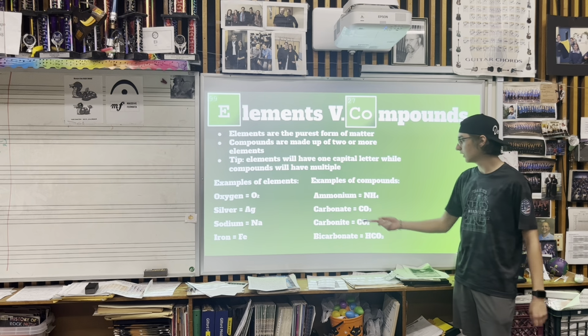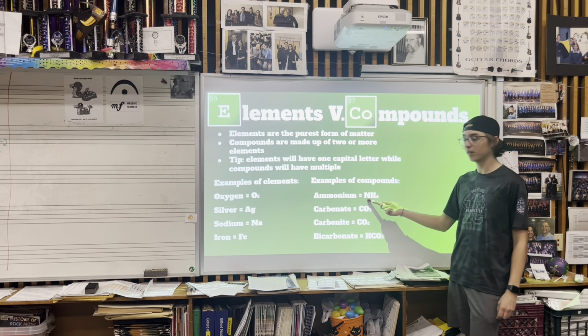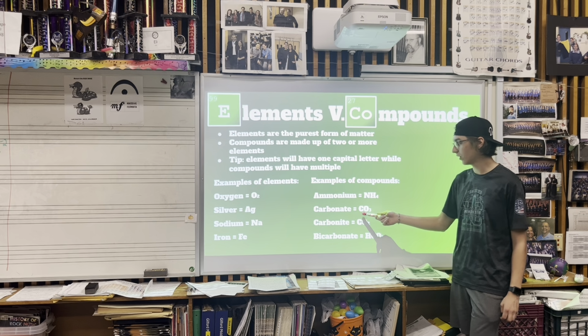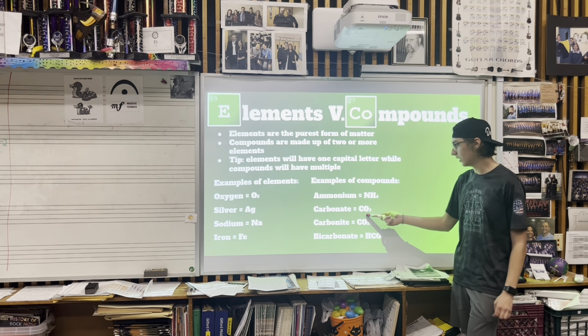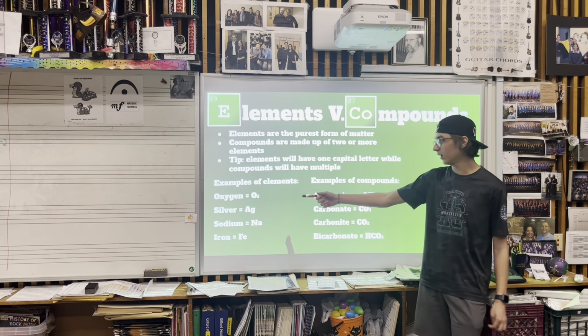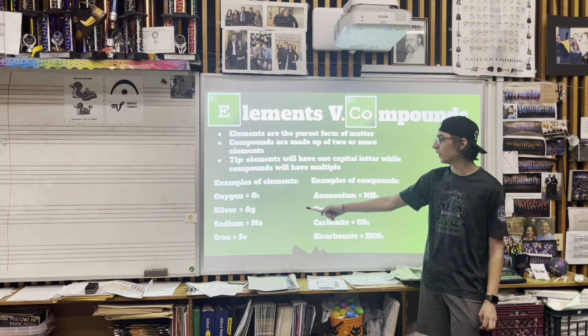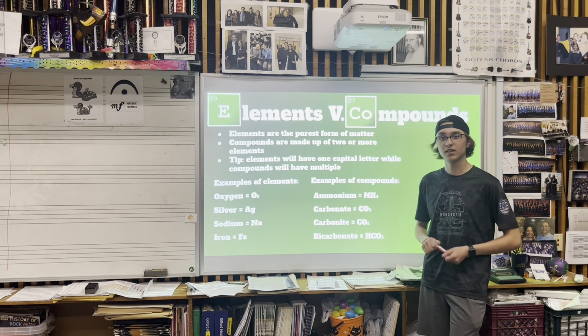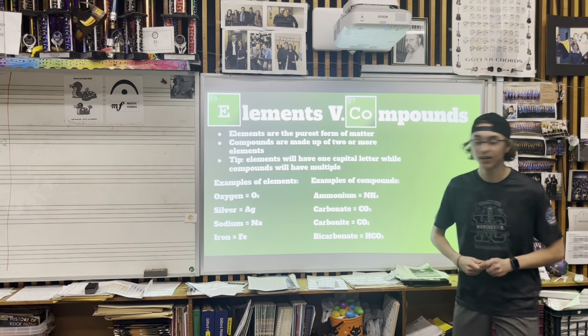And then how you see things like ammonium having a capital N and a capital H, and carbonate having a capital C and a capital O. As you'll note, oxygen has a little 2 over there. That doesn't mean that it's not an element, it just means that it's diatomic, and we'll get to that later.